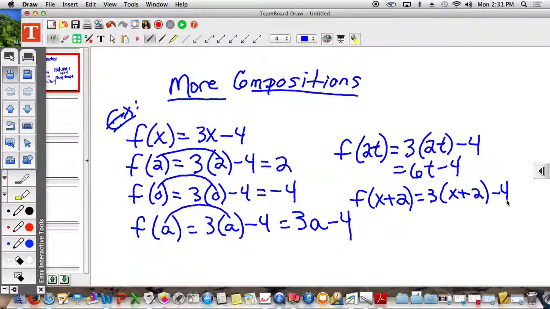Please make sure you're careful with the parentheses when you distribute in. You're going to do 3 times x, which is 3x, and 3 times 2, which is 6, minus 4. What is 3x plus 6 minus 4? 3x plus 2.